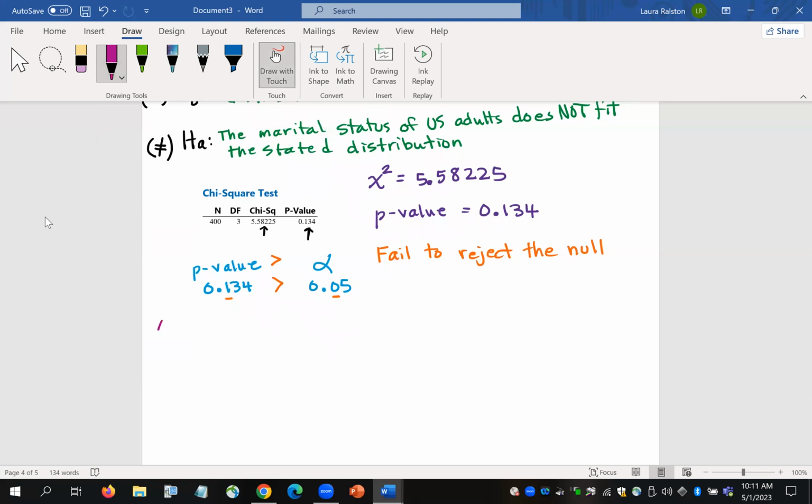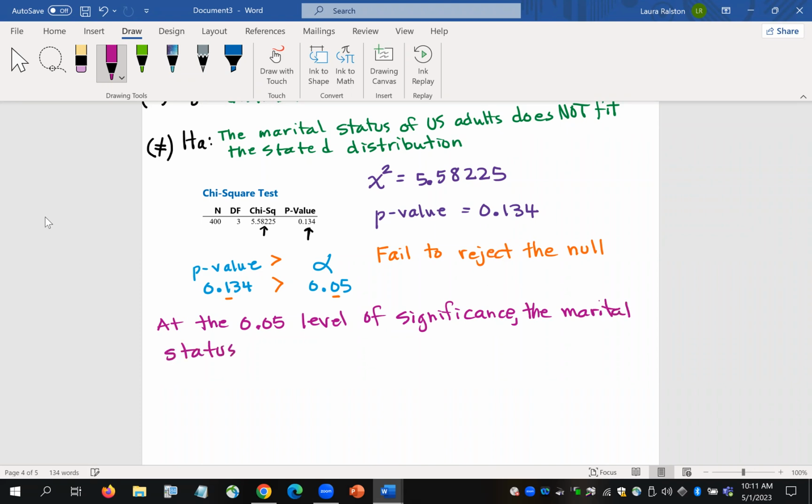I would say at the 0.05 level of significance, the marital status of U.S. adults fits the stated distribution.